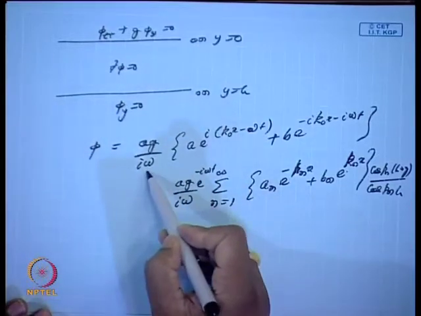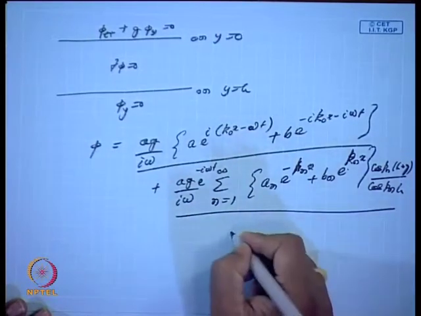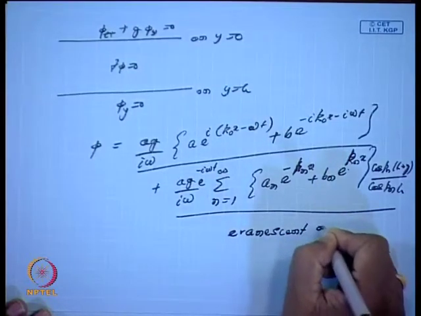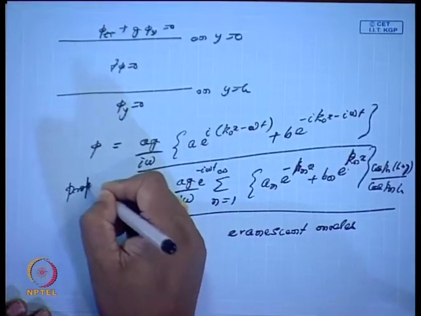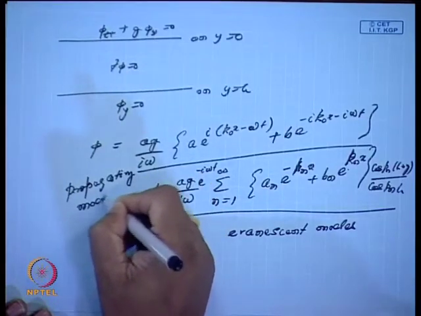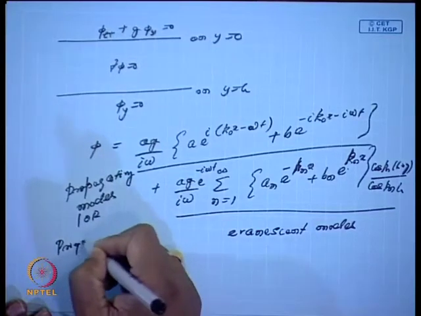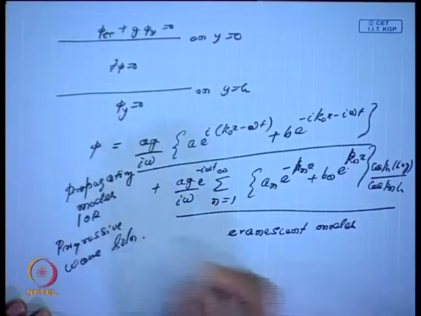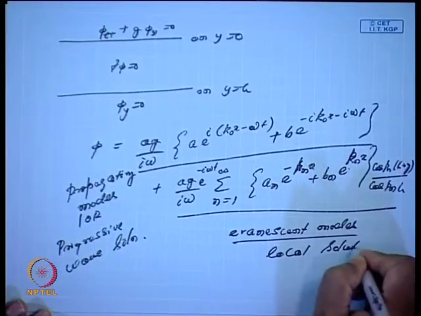These parts contribute to the propagating mode solution, or the progressive wave solution. On the other hand, these parts are the local effects, which we call the evanescent modes, often called the local solution or local effect.